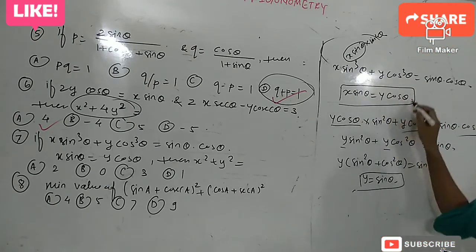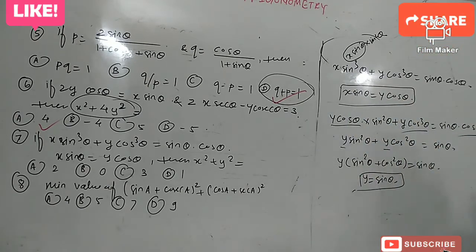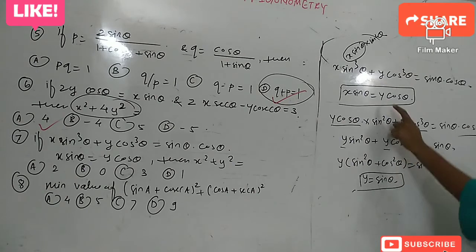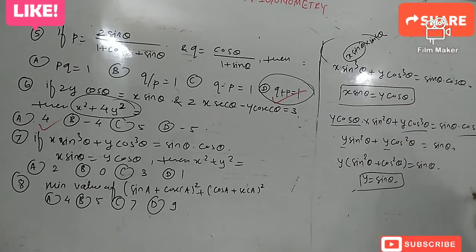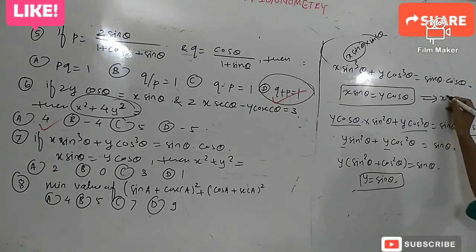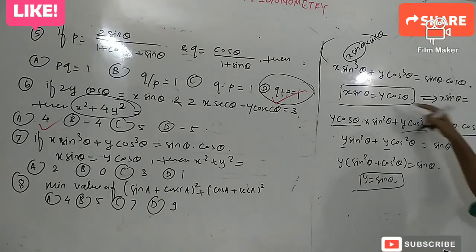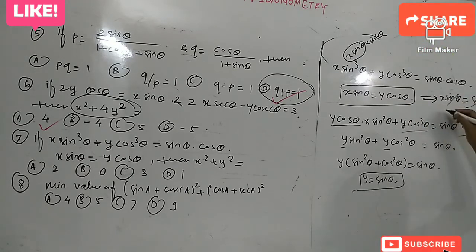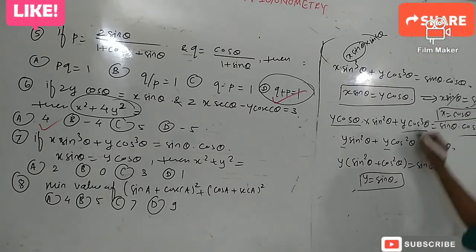Now plug this value in any equation. This is the most simplified equation, so I am putting y is equal to sine theta in it. x sine theta is equal to y cos theta, which is sine theta into cos theta. So this sine theta gets cancelled, and I get the x value, which is cos theta.